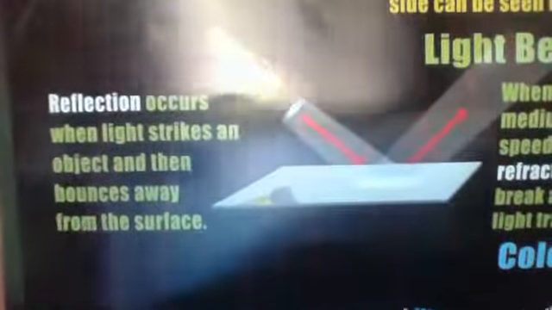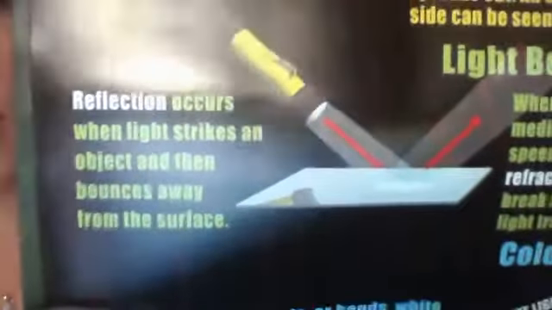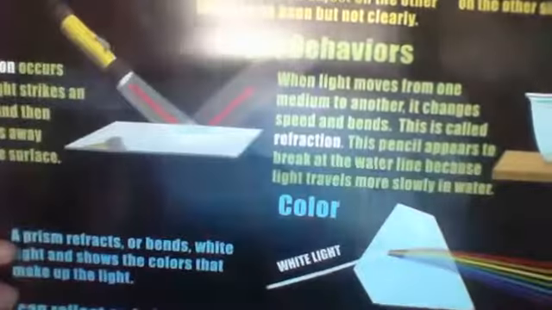And transverse waves being light, the reflection occurs when light strikes an object and then bounces away from the surface at right angles. They must bounce at right angles. Okay? What is a right angle?